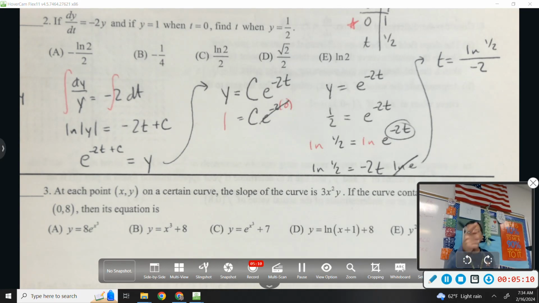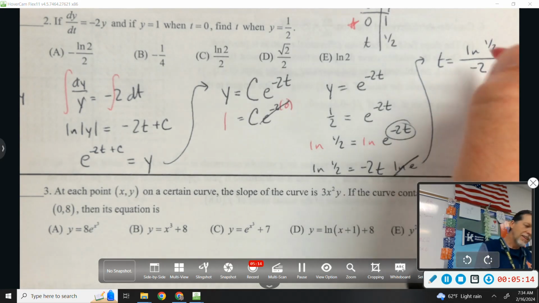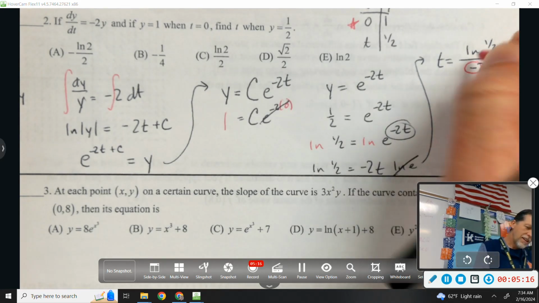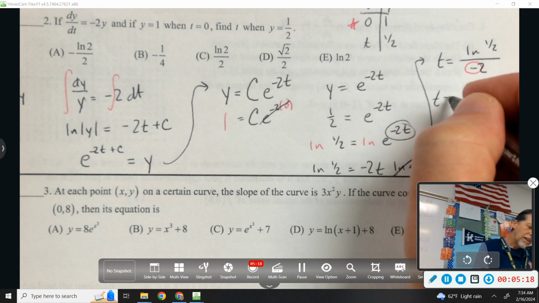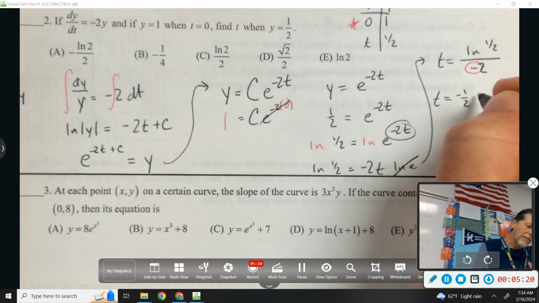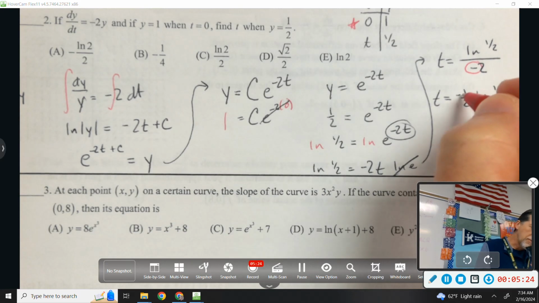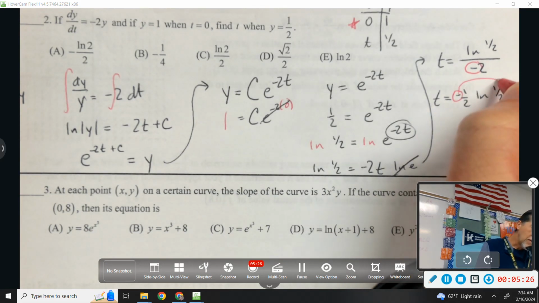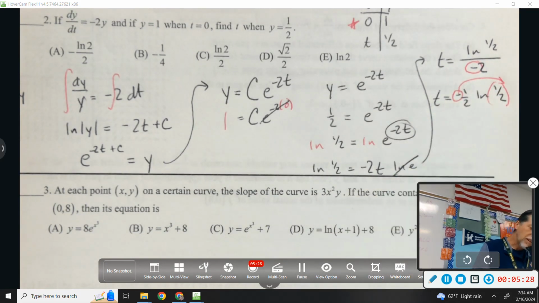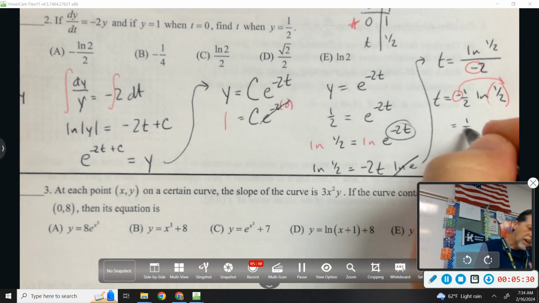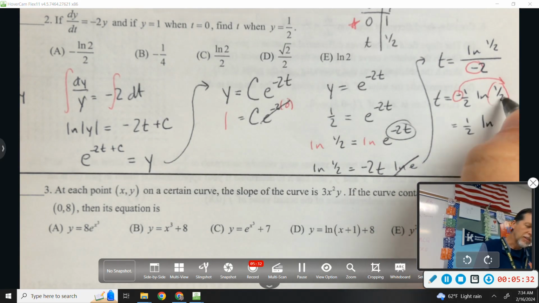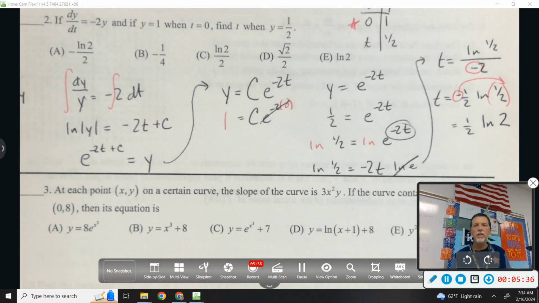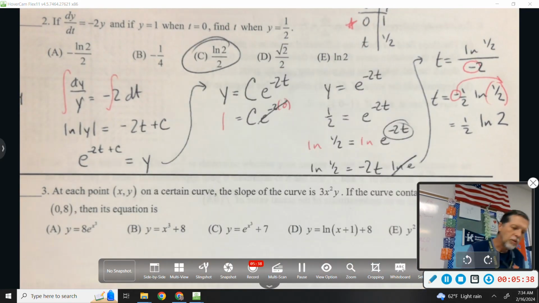Kinda sorta. You have to mess around with the power rule to make 1/2 into 2 and negative. So I'm going to put that negative 1/2 out front. So I can grab the negative, make it the exponent, and that would flip that over. 1/2 to the negative 1 would just be 2. So 1/2 natural log of 2 would be answer choice C.